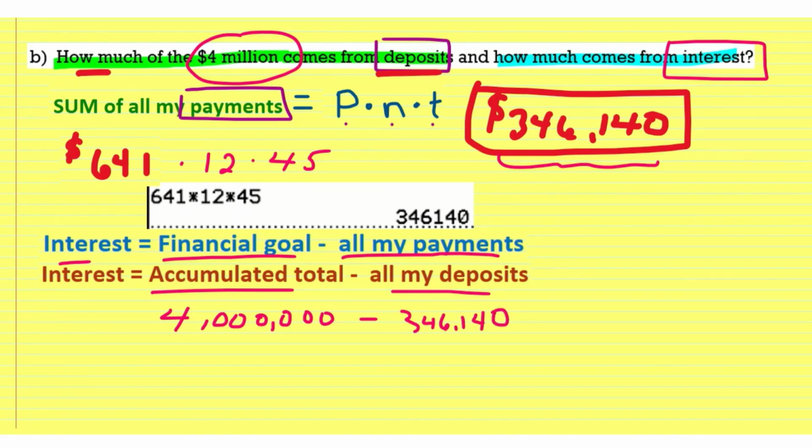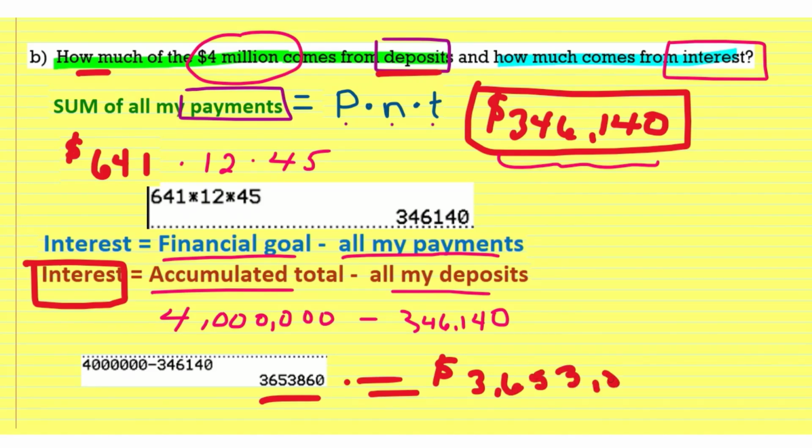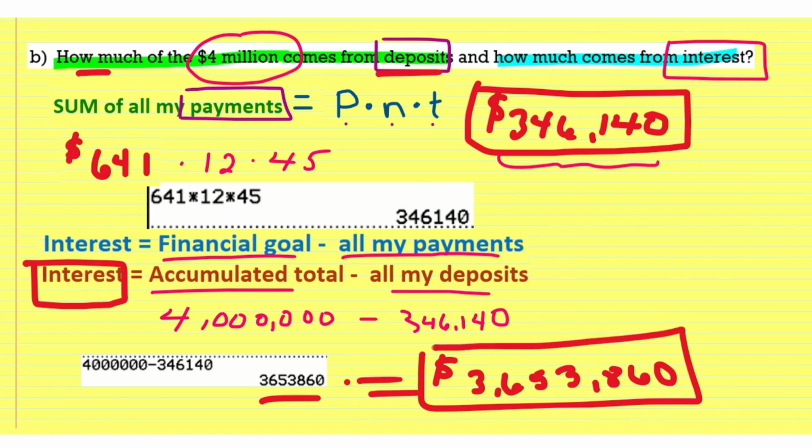And when we subtract those two things, that will give us our interest. So our interest is going to be equal to $3,653,860. So lots of payments over lots of time earns you lots of interest.